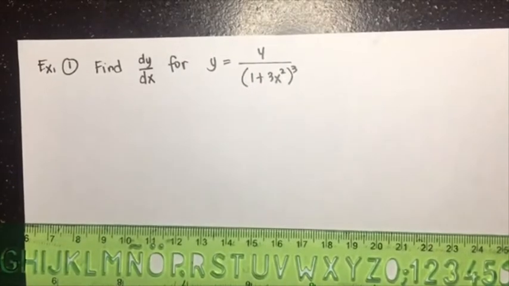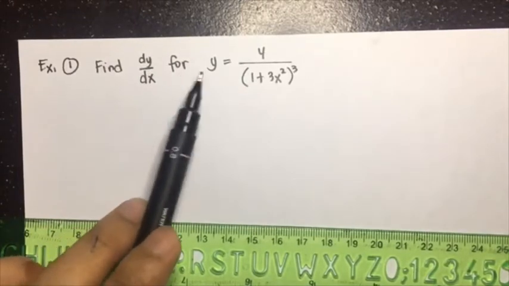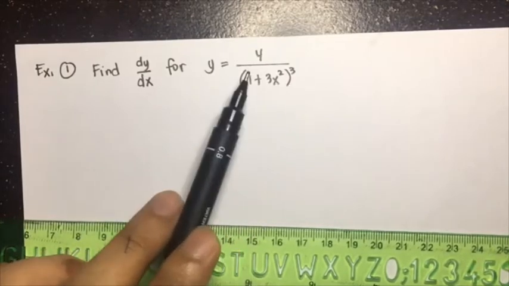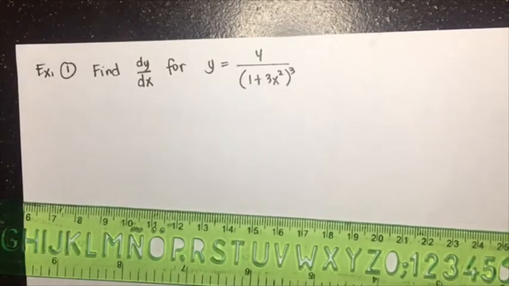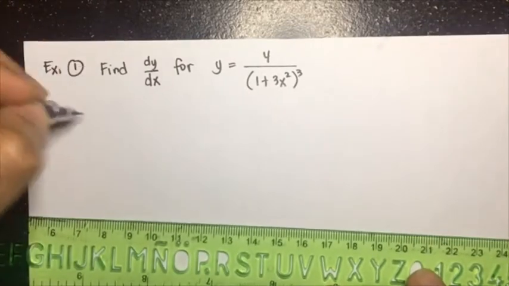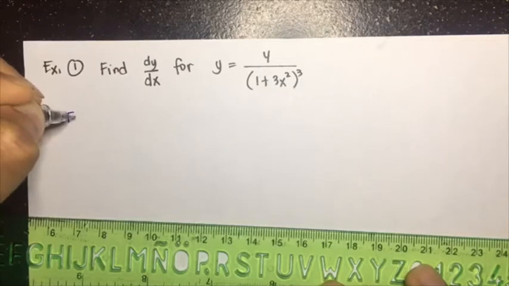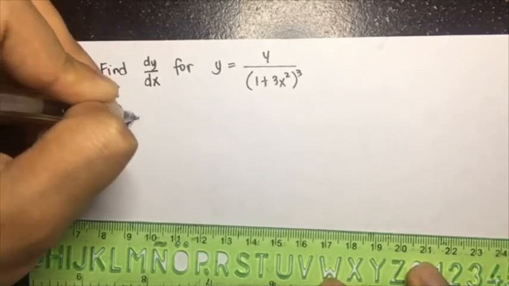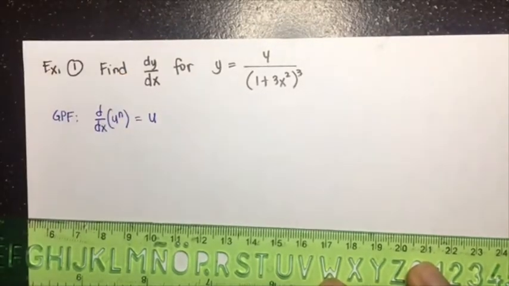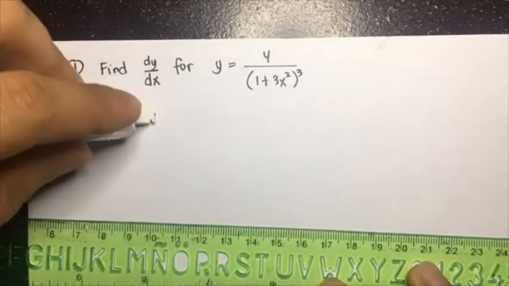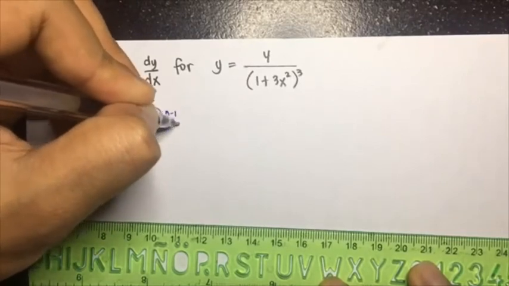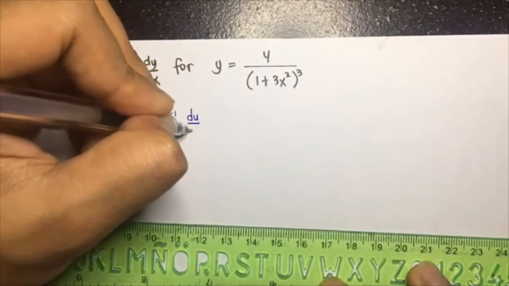Okay, so for our first example on applying the general power formula, find dy over dx for y is equal to 4 over 1 plus 3x squared, cubed. First, let's recall again the general power formula: the derivative with respect to x of u raised to n is equal to n multiplied by u raised to n minus 1 times du over dx.